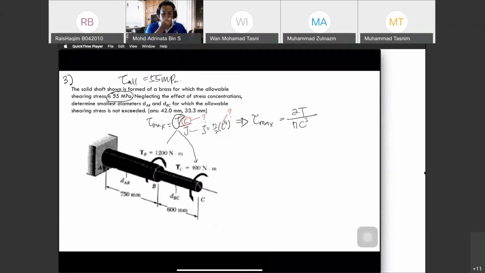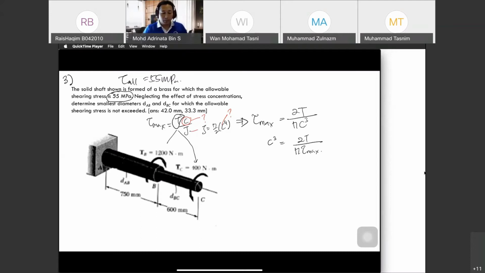Okay, so kita dah buat tadi. Daripada sini kita kena cari C, C to the power of 3 is equals to 2T over pi tau max.